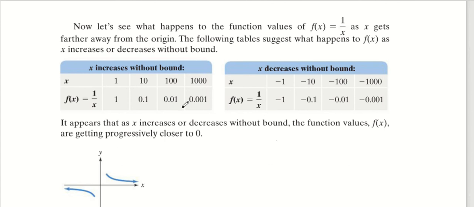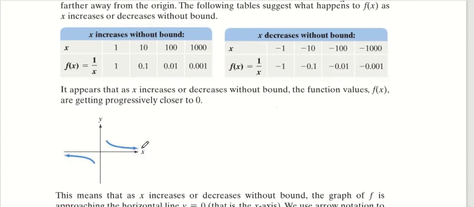So here we're trying to figure out what happens to our f of x values as the x values increase. Let's pick some increasing positive values of x and look at the end behavior over here to the right. If we plug in 1, we get out 1. If we plug in 10, we get out a tenth. If we plug in 100, we get out a hundredth, 0.01. In particular, these values are getting smaller and smaller, and they're approaching 0.